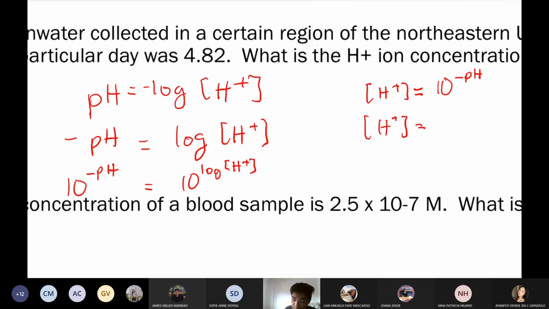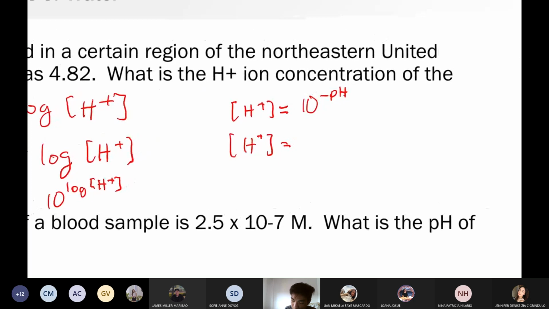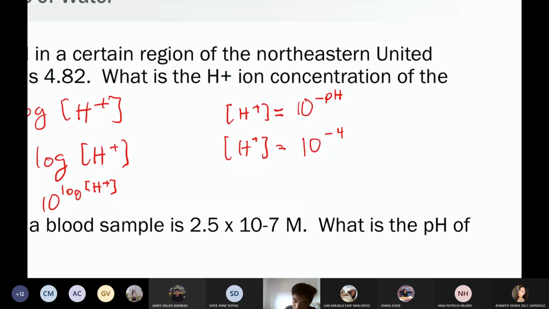So ano yung pH natin? 4.82, sabi doon. So you just plug in 4.82. So we solve for the concentration of H plus being equal to 1.51 times 10 raised to negative 5 molar.